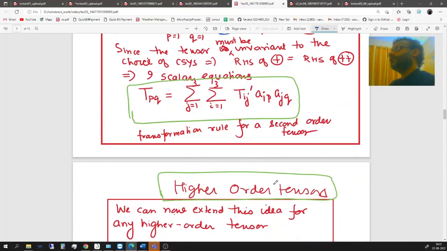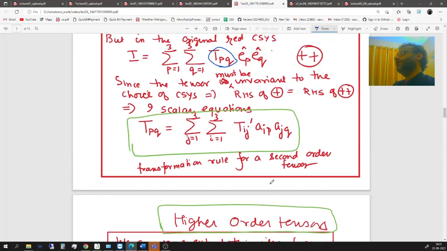Indeed, this is the transformation rule for a second order tensor. Again, P and Q can take values 1 to 3, and accordingly you will get T_PQ being expressed in terms of all the T_ij of the prime coordinate system.